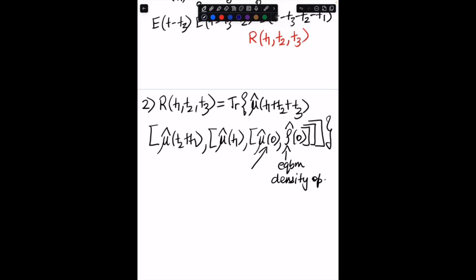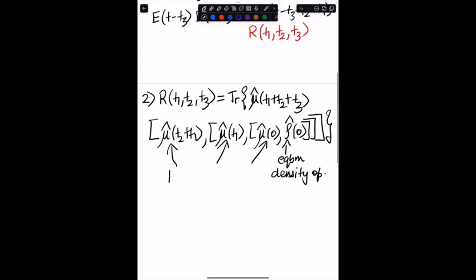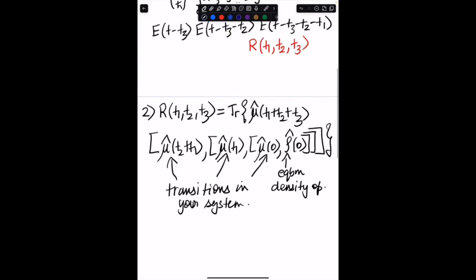and these are essentially your dipole operators which bring about transitions in your system which is being probed. And then this dipole operator, as I had previously described, is the one corresponding to the emitted field.